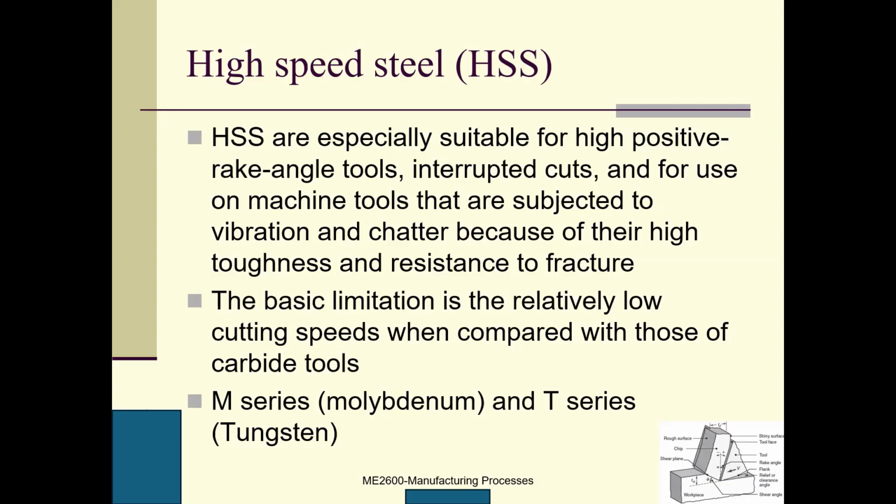But still, the cutting speed for HSS is higher than the previous carbon steels. The M series, molybdenum, and the T series, tungsten, are developed based on HSS. People just use these different alloying elements: one uses molybdenum, and another uses tungsten. Tungsten is hard.